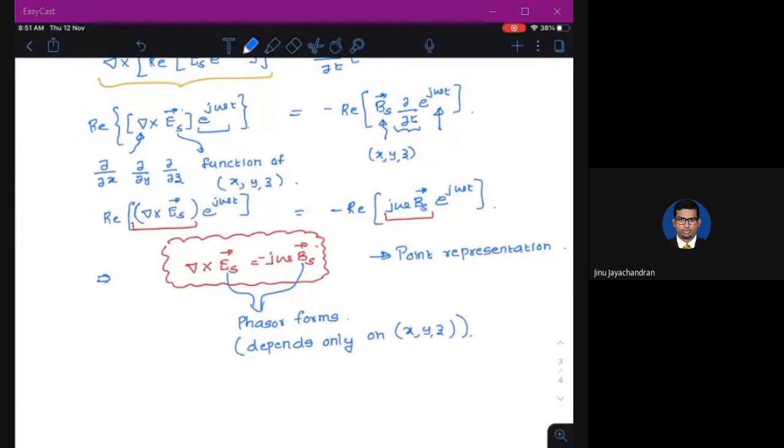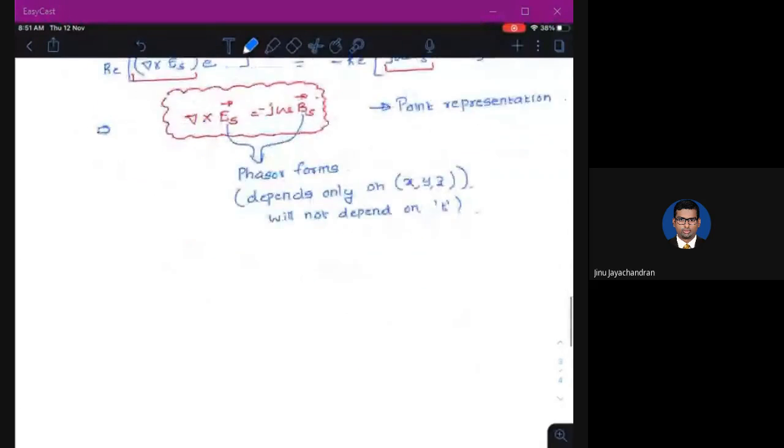It will not depend on time t. Okay, so that is your point form.